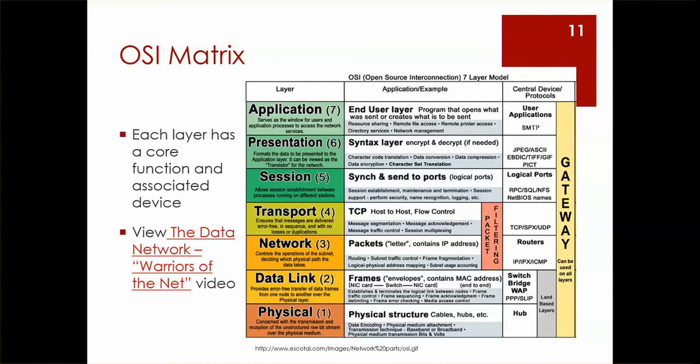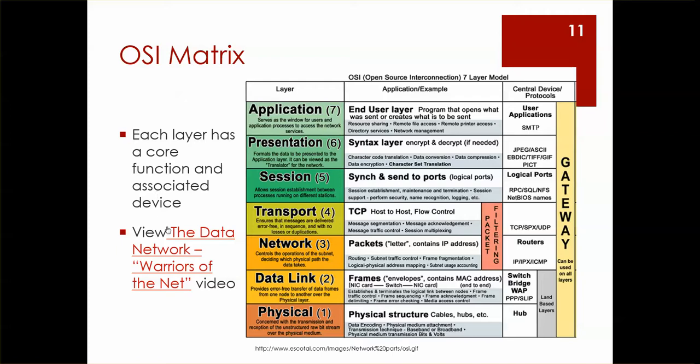And then the physical layer is the actual transmission of the data into the very basic binary ones and zeros format. At this layer are essentially physical objects like cables, hubs, and fiber optics. It's the physical medium for transferring the information.